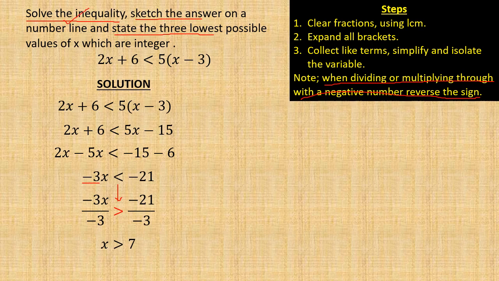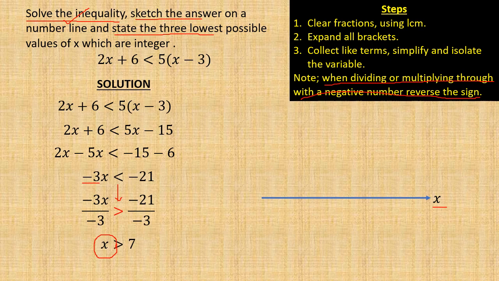We solve it. The next is to sketch on a number line. That is very easy. We firstly draw a horizontal line and put out our variable, that is x here, at the front, just to show that the number line we've drawn here is x.